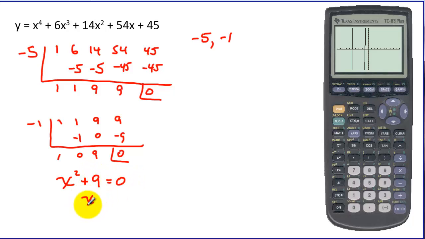You'll see if you solve that, we've got x squared equals negative 9 and x equals plus or minus 3i. Now, it could be that this may not be a sum of 2 squares. It could have an x term in here, and again, you could use the quadratic formula or completing the square to find those. So now, if we add our 2 complex zeros, we have again a degree of 4 and 4 zeros.